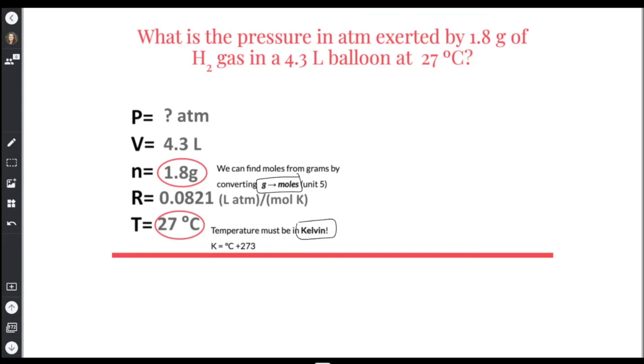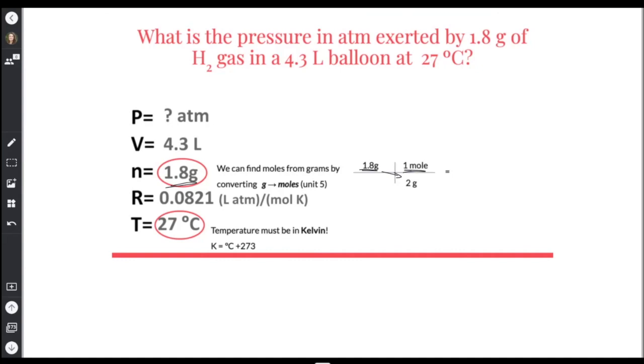And so when I'm reviewing over these variables, I notice, wait, this says grams, but I need what? Moles. This says Celsius, but I need Kelvin. All right? So how do we get grams to moles? Convert it how? Do the little flowchart. Yes, so grams to moles, I need you to divide by the molar mass. So I'm given 1.8. I want to get to moles. Whatever goes up must come down.